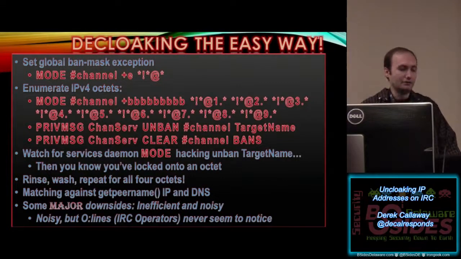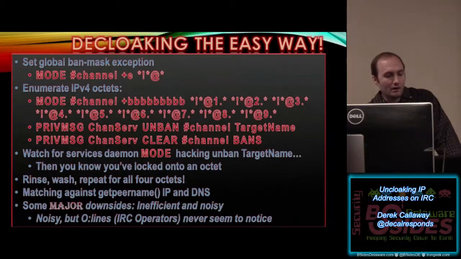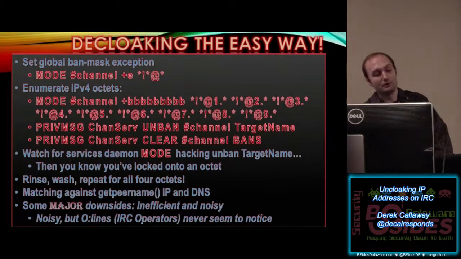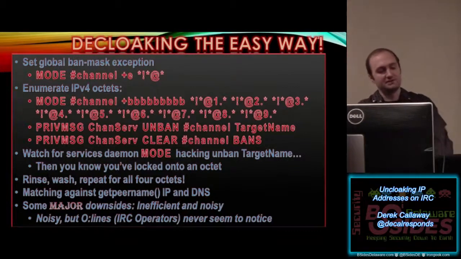And you're doing this inside a channel that nobody else knows about, so it's completely passive. Nobody's going to see you doing it. And when you ask ChanServ to unban the user that you're targeting, then it will unban the bans that you set that match their address. So once you get the first octet done, then you move on to the second one, until you get all 4 octets.